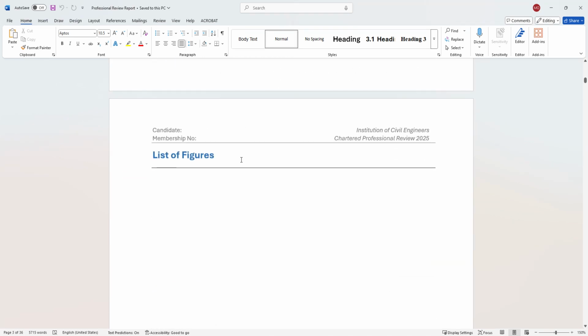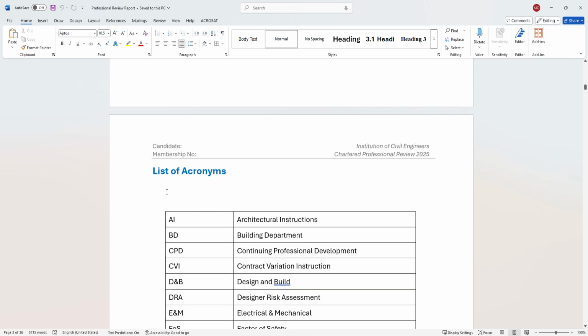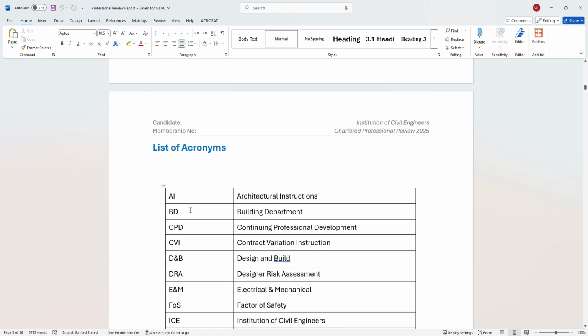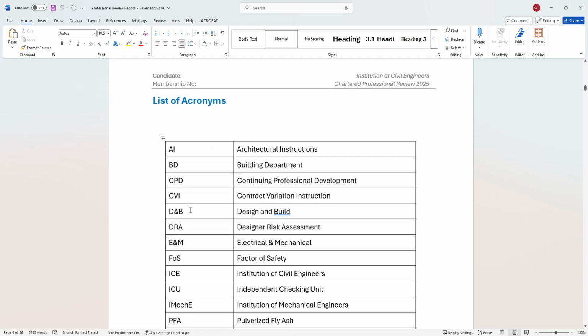If you go to the actual report, so list of figures. If you've got figures, you put them here. Acronyms. This is very important. All acronyms used in the report must be mentioned and described. When you use an acronym for the very first time, you must tell us what exactly the acronym stands for.